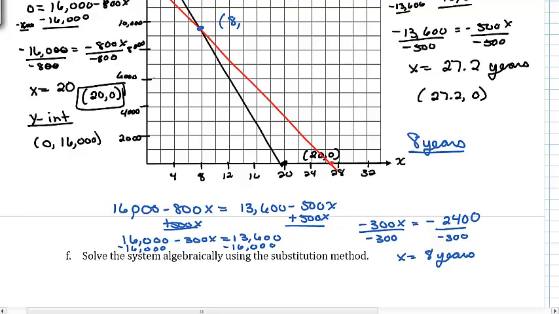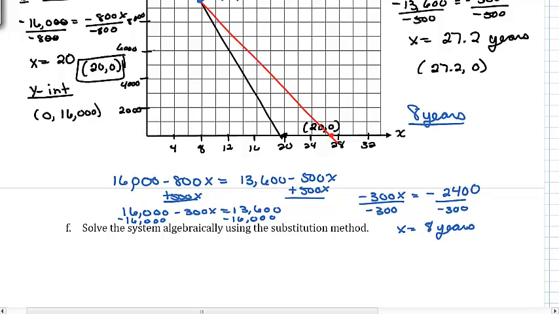And then to figure out what the value will be after 8 years of each of the vehicles, you can just plug that 8 into either one of those equations. And so I'm going to plug it into this equation right here. So 13,600 minus 500 times 8.